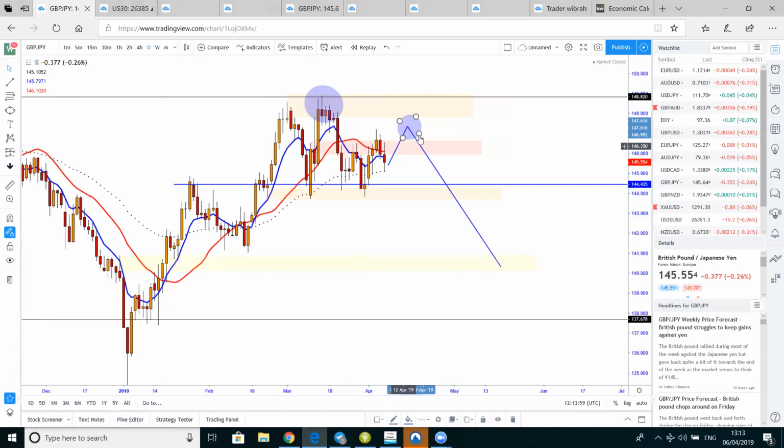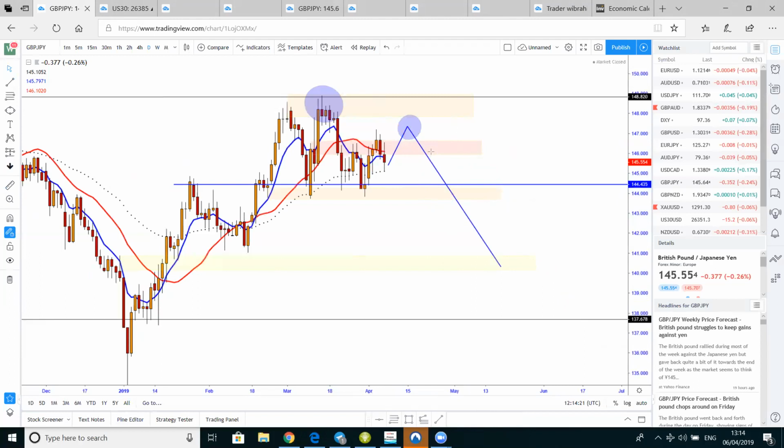That's what my expectation is. Any low-high formations will be your selling opportunity to the downside. That's what my trading plan is.